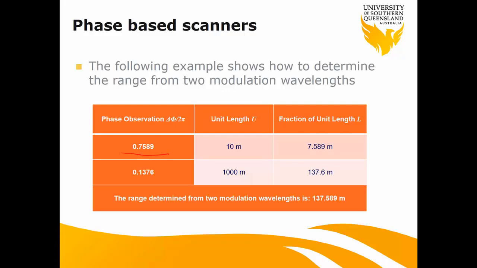From the formula, we know the L is like this. That means we multiply the partial of a frequency shift by the unit length, and then we get this part.